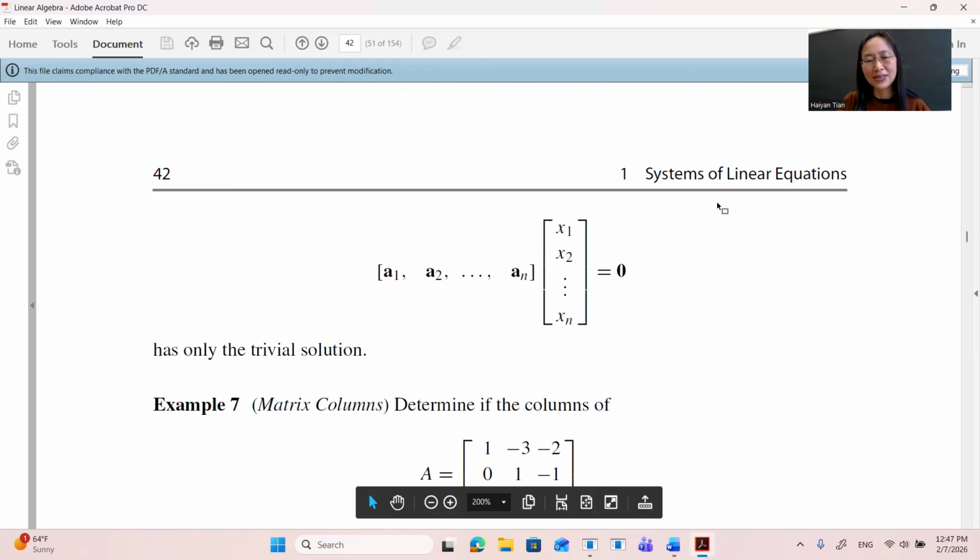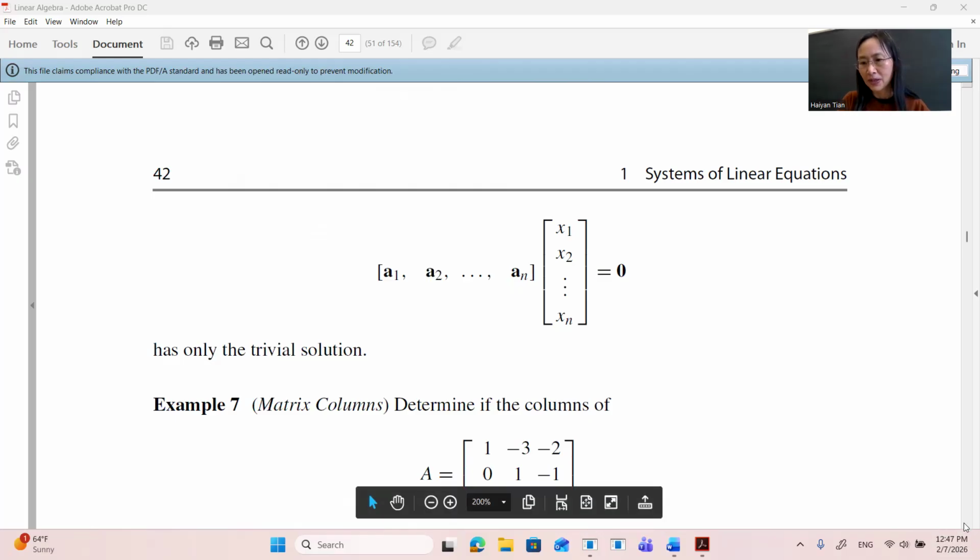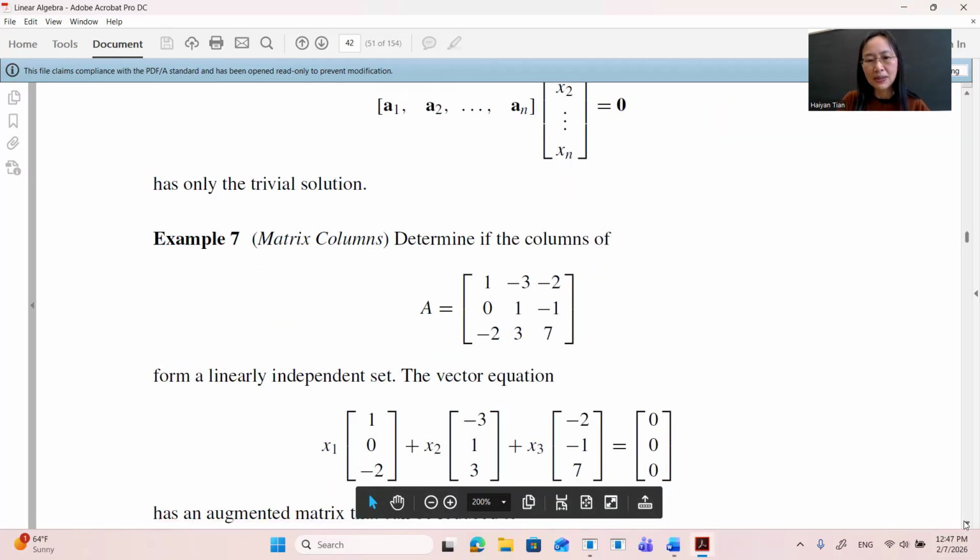So let's look at the matrix. Here is a given matrix A with 3 columns. We want to determine if the columns of this matrix A are linearly independent. We have 3 columns: A1, the first column, A2, the second column, and A3, the third column of A. So what we can do is write the homogeneous system using the 3 columns.